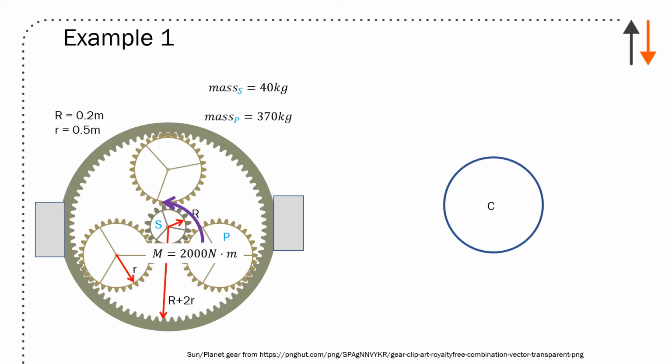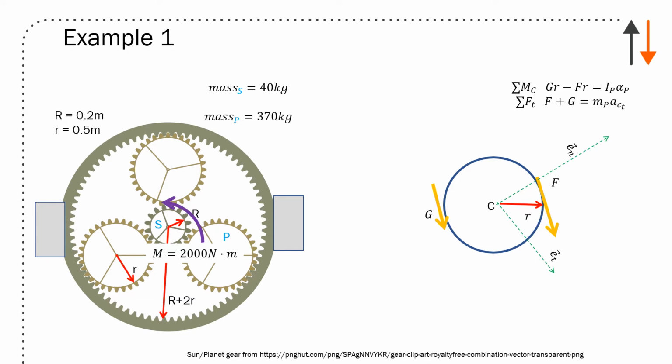If I then look at the planet gears, I have the center of the gear. I can define here a normal and tangential system from there, a radial coordinate. I have the forces acting on this. I have the sum of moments about C, which is just going to be G times r, because it is causing a counterclockwise moment, and F times r, which is causing a clockwise moment, and therefore is going to be negative.